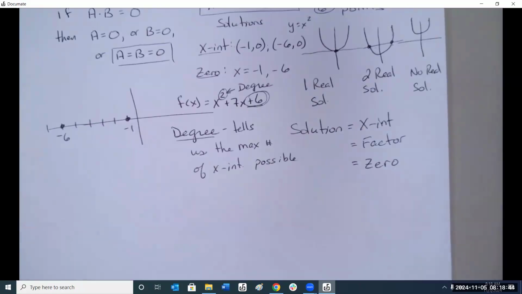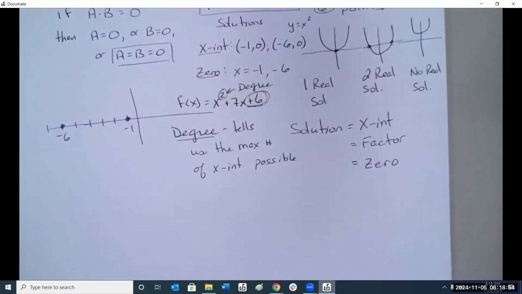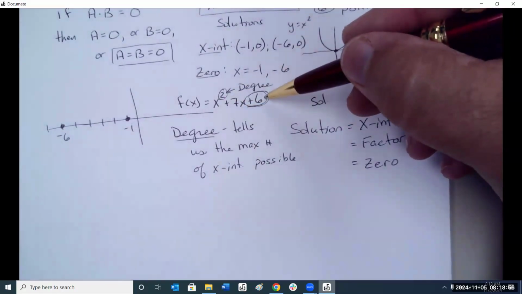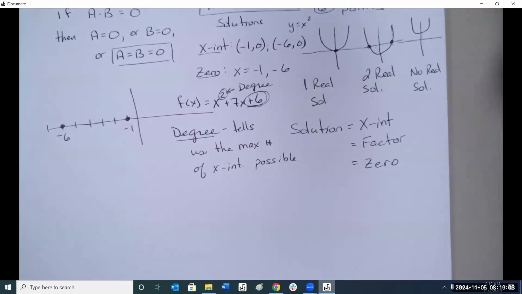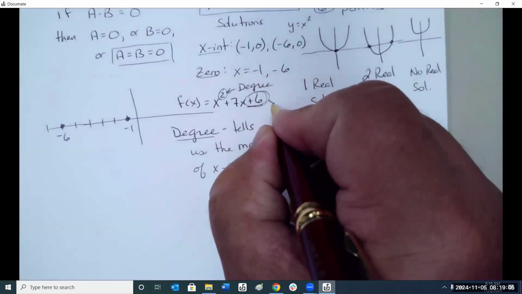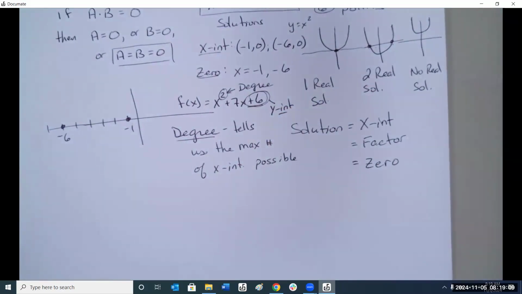I know what you're trying to get to, the axis of symmetry, but no. What if all the x's were set to 0? What is that going to equal? 6. What is that called? If all the x's are 0, what's that number called? That's the y-intercept. The constant number is always the y-intercept.